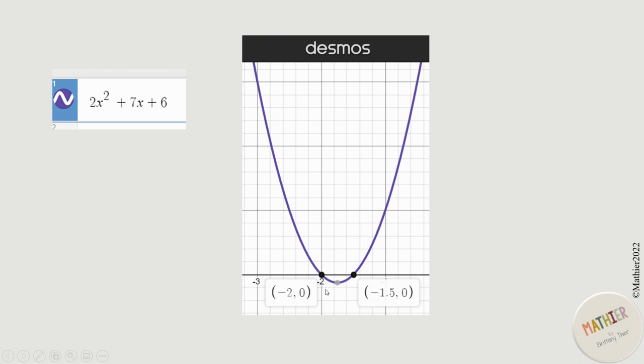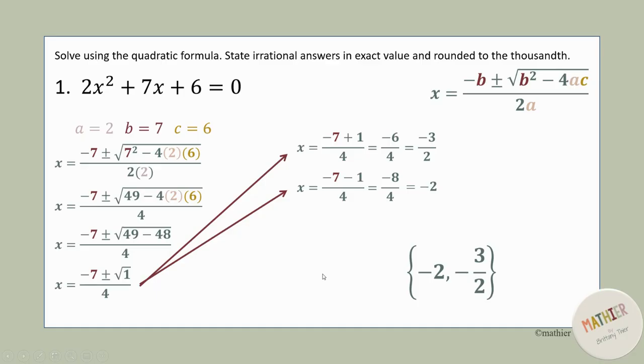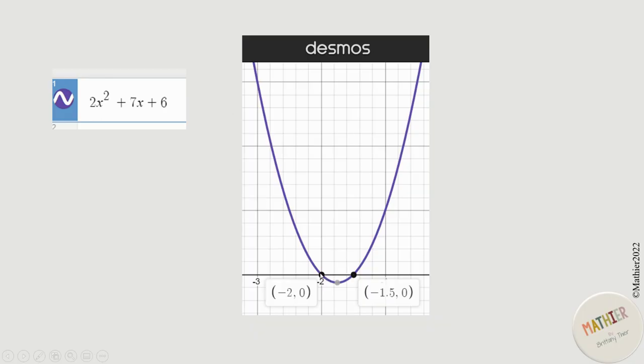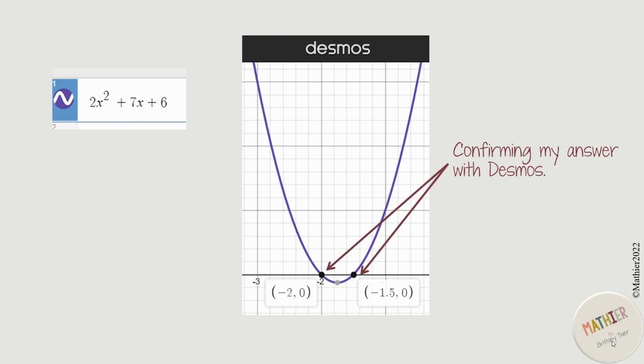So this graph does confirm our answer, because when something equals 0 is when it's crossing the x-axis, when the y value is 0. So just to reiterate, we can graph it and look at where the x-intercepts are to make sure we have the correct answer.